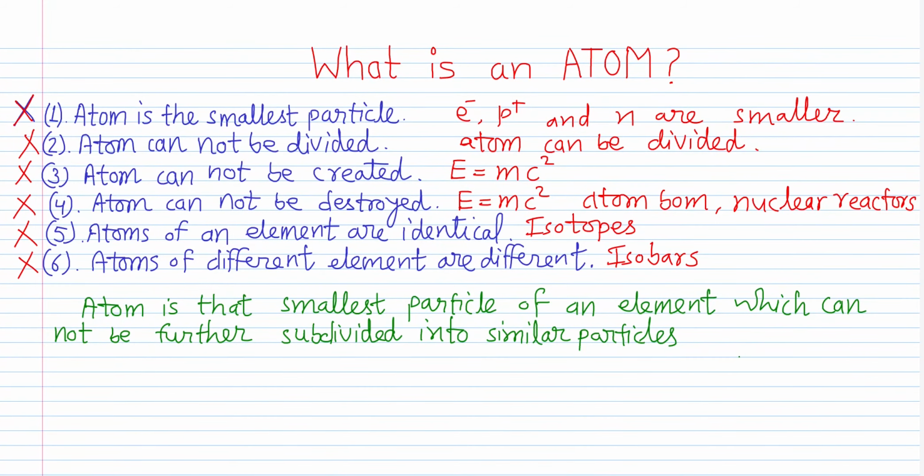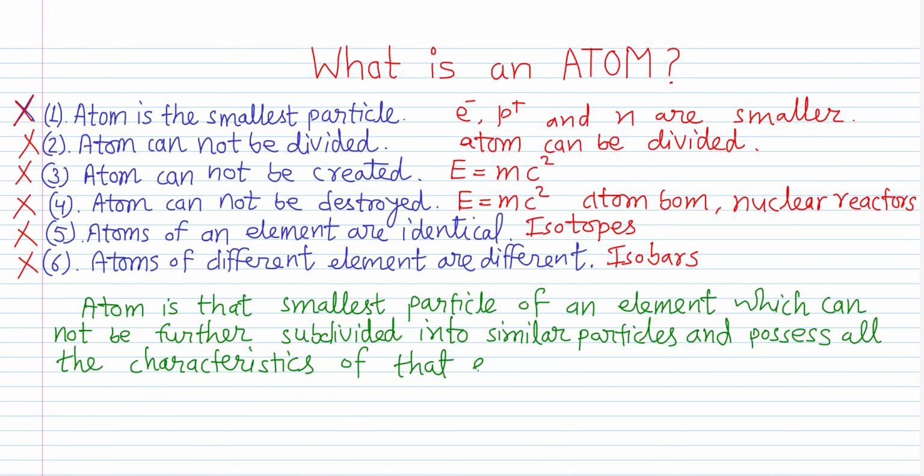So up to the level of atom, when you divide a substance, you get similar particles, but by further dividing them you don't get similar particles. So an atom is the smallest particle of an element which cannot be further subdivided into similar particles and possesses all the characteristics of that element.